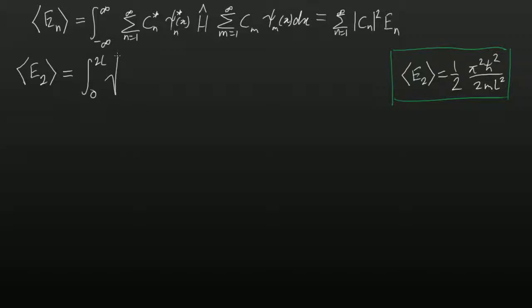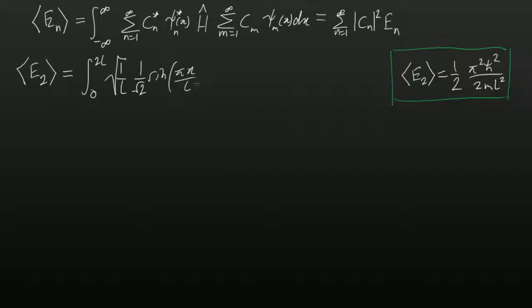It was 1 on the square root of L. That coefficient was 1 on square root 2. These are all complex conjugates, and it just returns a non-imaginary number, I should say. And then our wave function, sine.